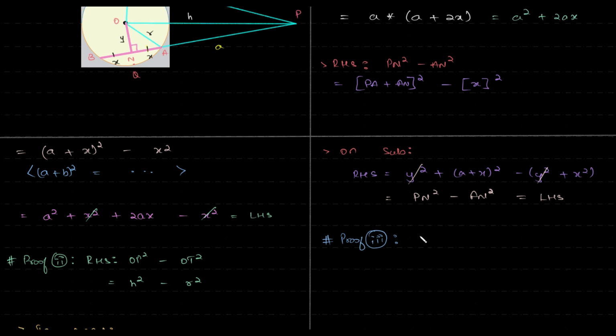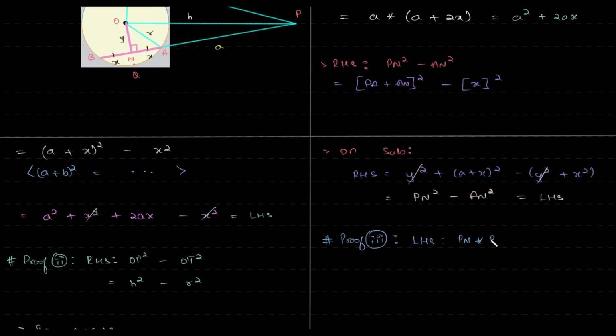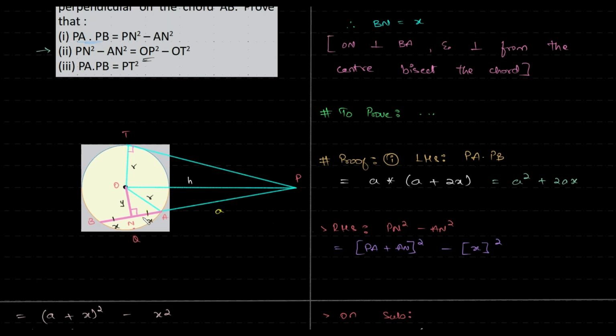Okay, let me explain it. So we have the LHS, PA into PB, is equal to PN square minus AN square, right?